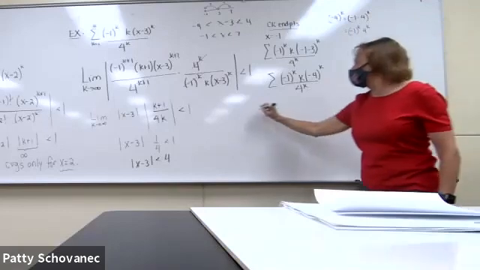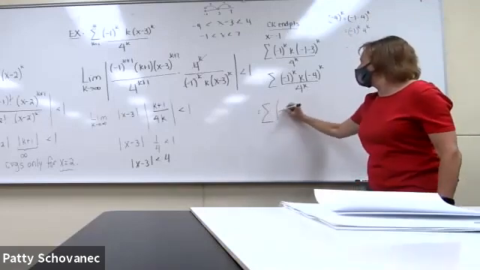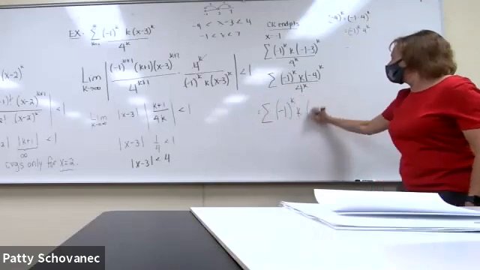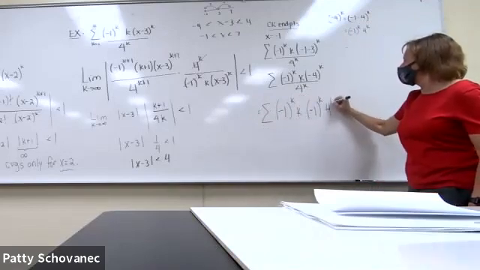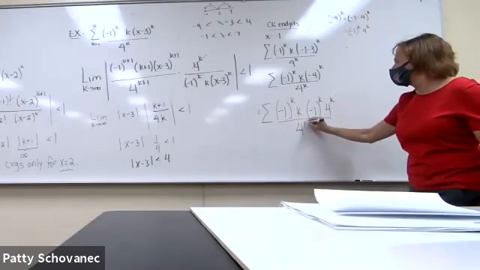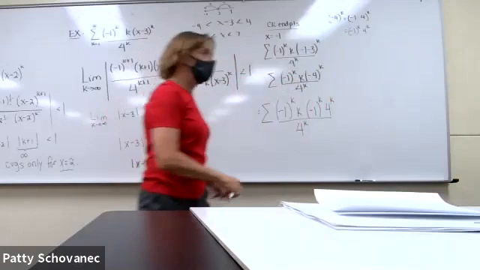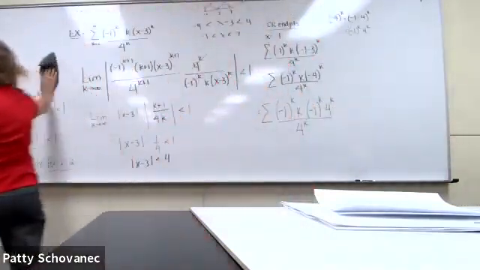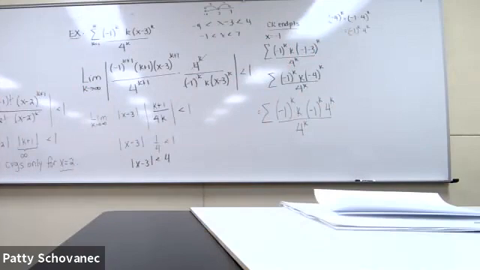So I'm going to rewrite that. That cancels the 4 to the k's. And how do you multiply -1 to the k with -1 to the k? It's going to be +1 because you add exponents, get -1 to the 2k, which means -1 squared to the k, or 1 to the k.